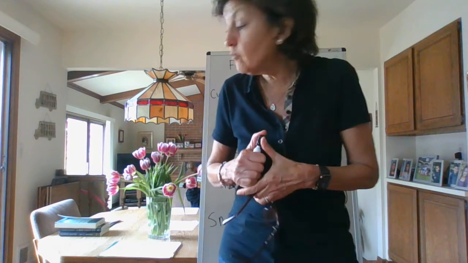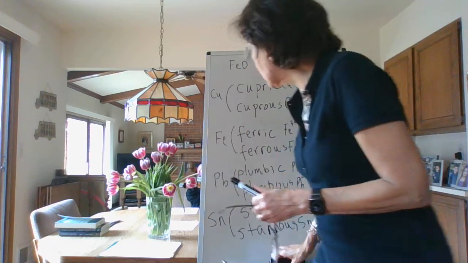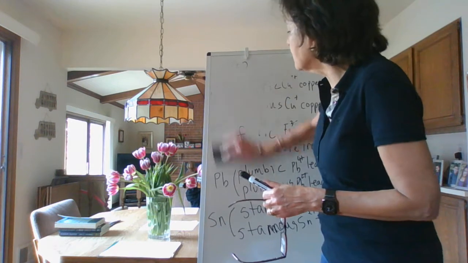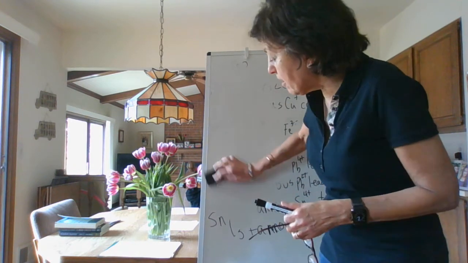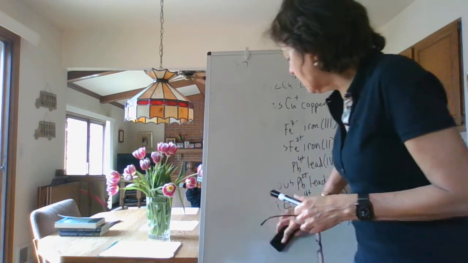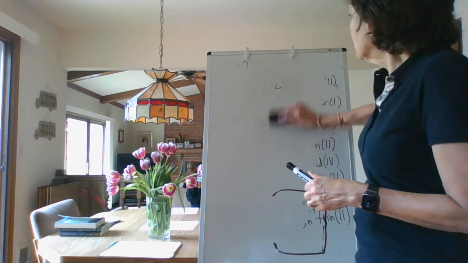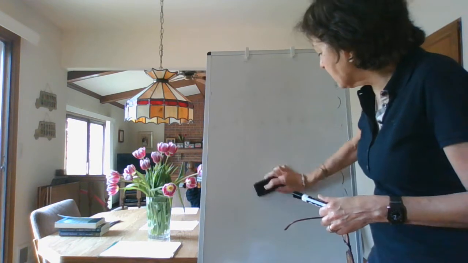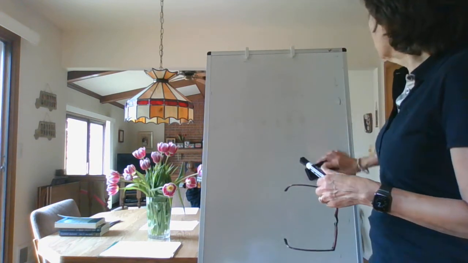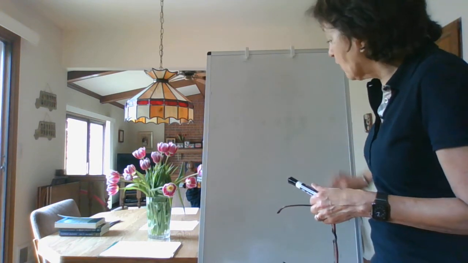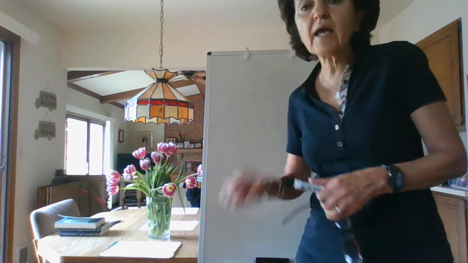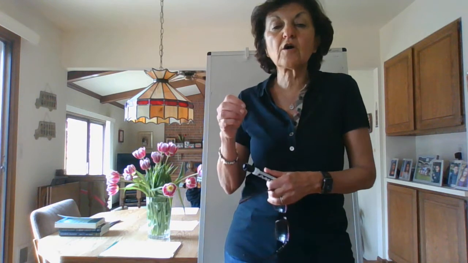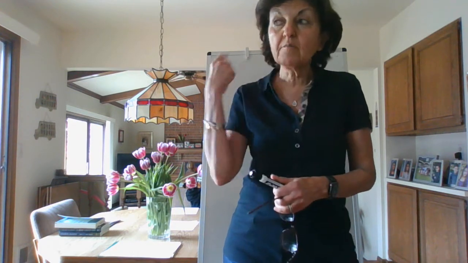Now we're ready to move on to polyatomic ions. What are polyatomic ions? These are a group of elements bonded together. So atoms of elements bonded together. And they're usually bonded together by covalent bonds, but they have an overall charge. So that's why it's called polyatomic. It's many atoms. So before we were dealing with monoatomic ions.